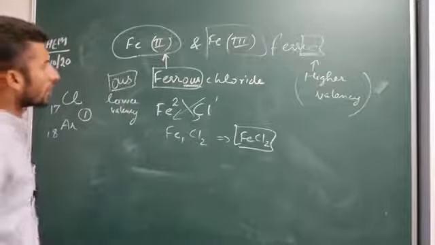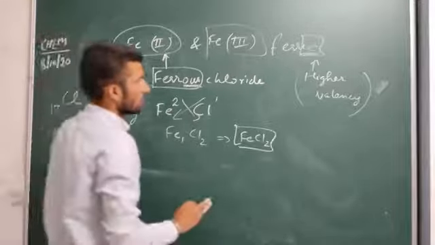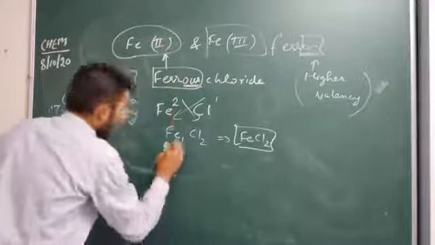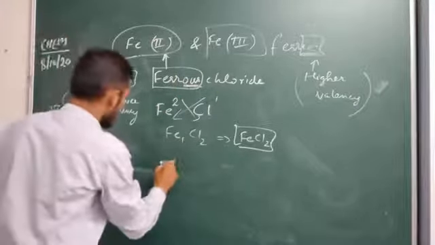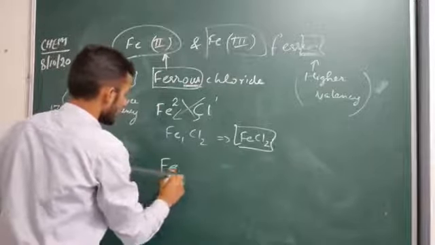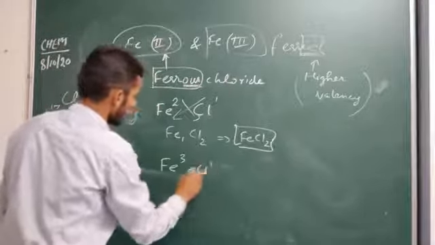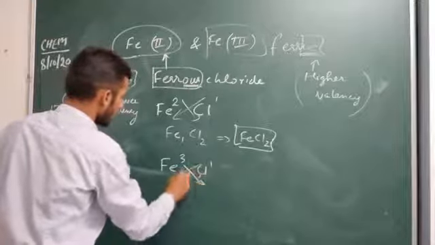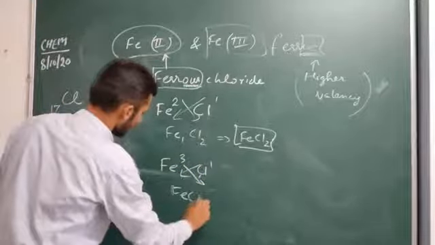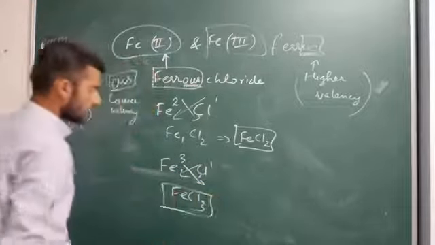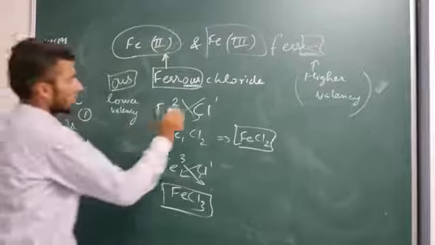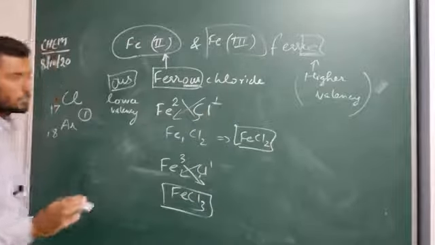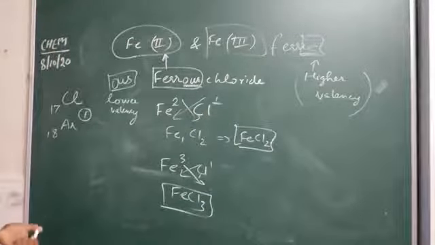Now Fe2 and Fe3, these are different. How is ferric chloride derived? Ferric, we know, is Fe3 and Cl1. So cross multiply this and it will become FeCl3. So it is not a very difficult task, you just have to see which element exhibits how much valency.